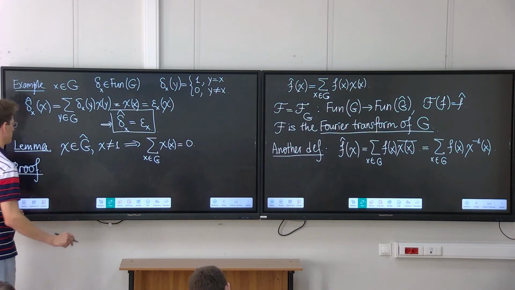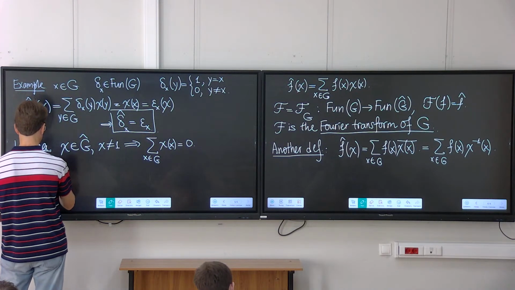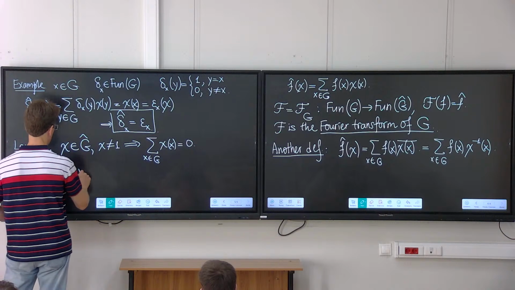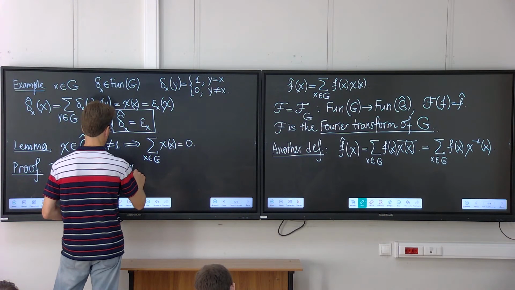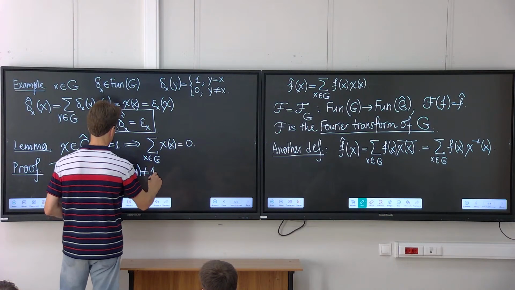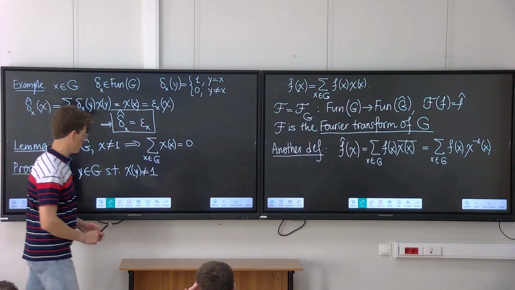Well, this is very easy. Since chi is not identically 1, let's take a point y such that chi of y is not equal to 1.